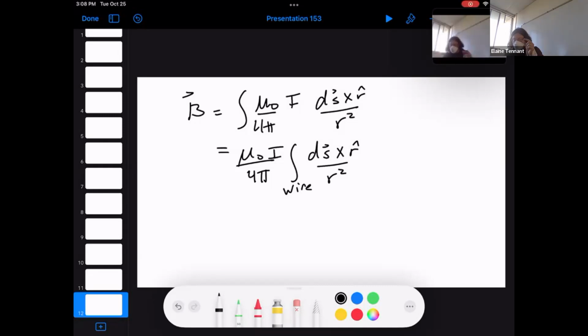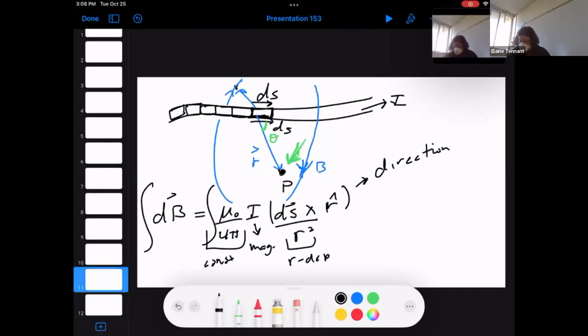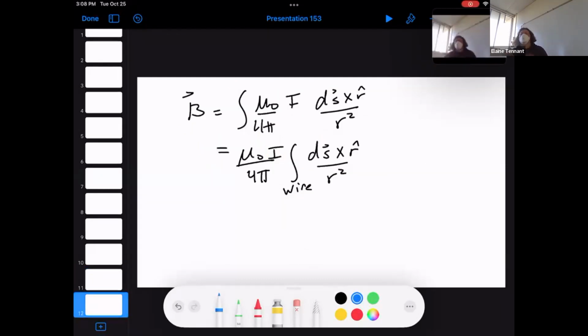So we're going to keep on adding up ds's until we get to the total length of the wire. Notice that we're going to keep R inside our integral because we don't know if it's going to be constant. In fact, as we change our ds's, even in this picture, our R changes. It's a variable, just not the one we're integrating.